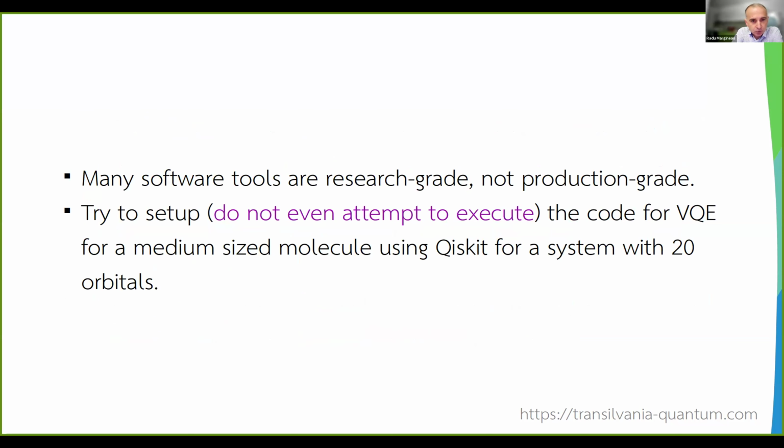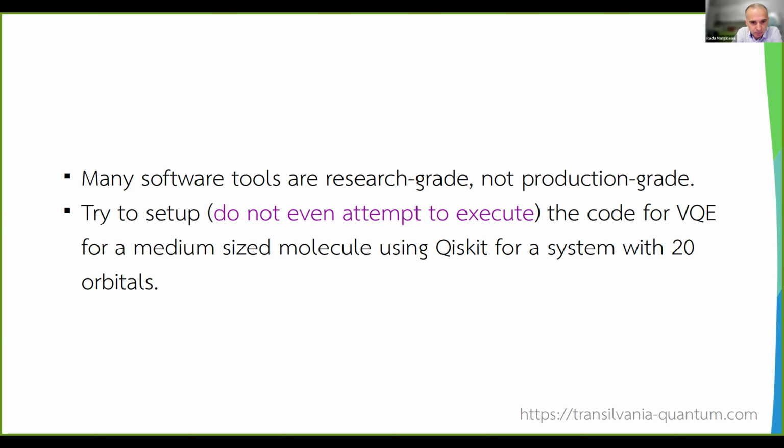Another issue is that many software tools are research grade, not production grade. Just to explain what I mean by that, you should try to pick up a medium-sized molecule and not even try to run VQE, just set up your code in order to prepare all your Python objects to run VQE on a system with about 20 orbitals. Basically, you will see spikes in memory processing, in time needed to build up these objects.